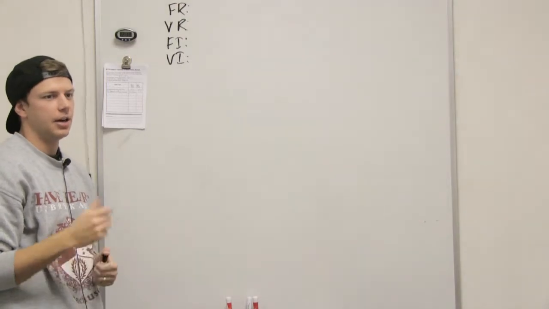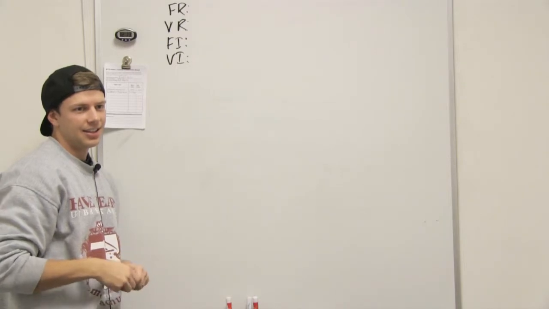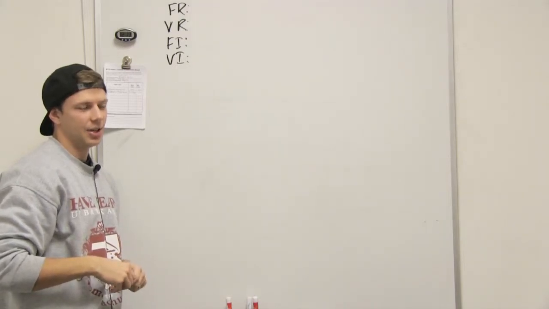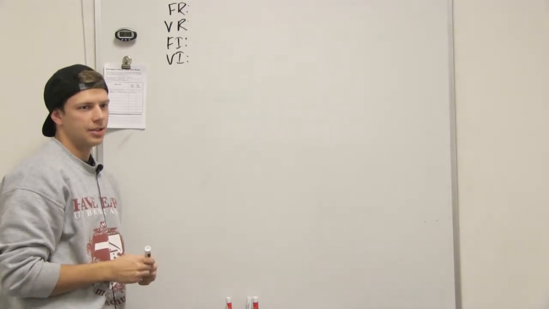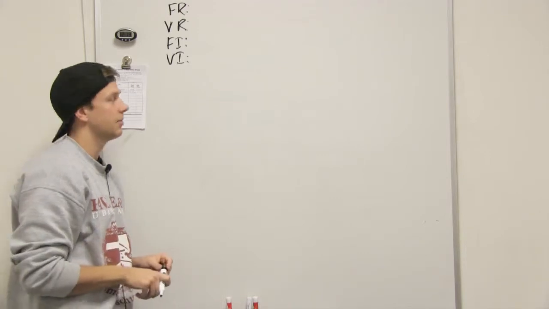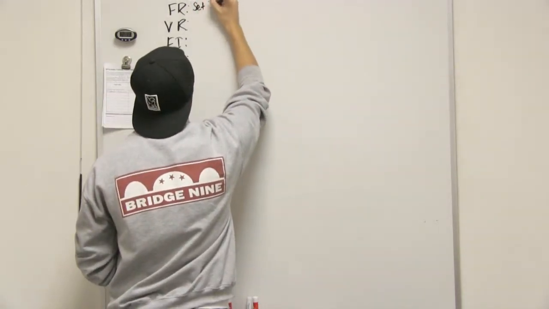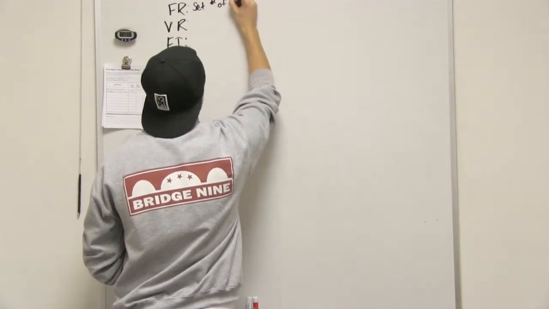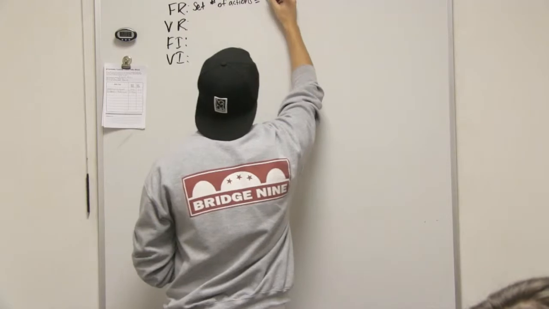Now, in your own words, what does fixed ratio mean? The definition the teacher gave me is 3 bar presses equal 1 reward. So what do you think that means? A set number of actions equal a reward. Right, a set number of actions equal a reward.